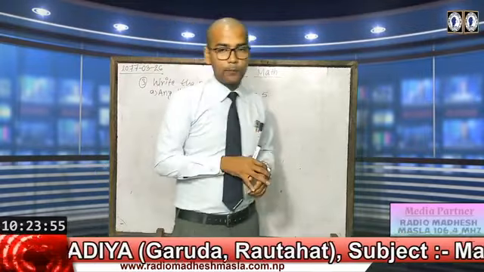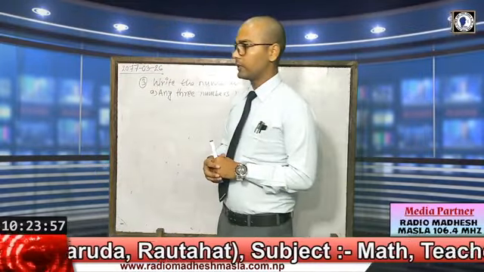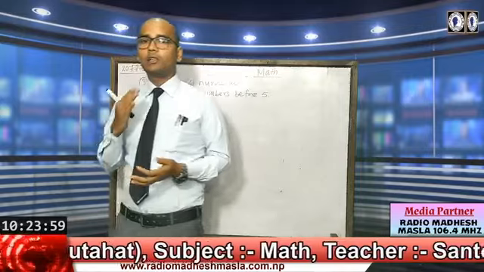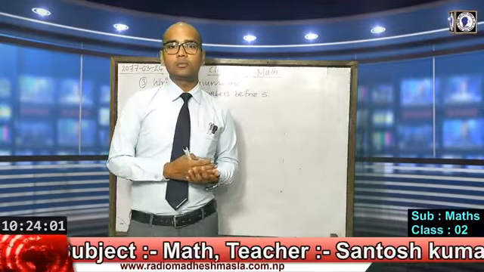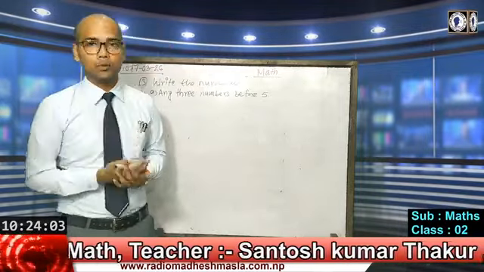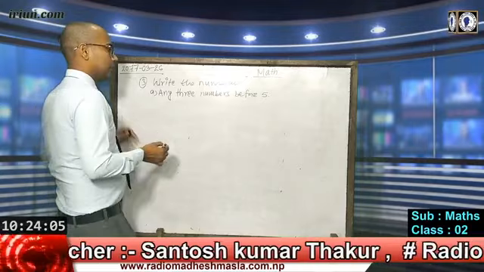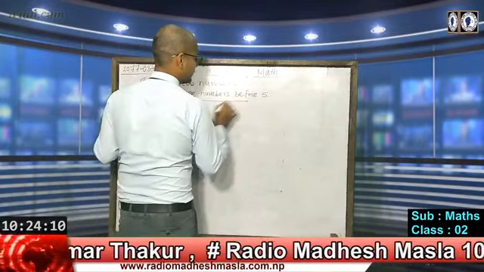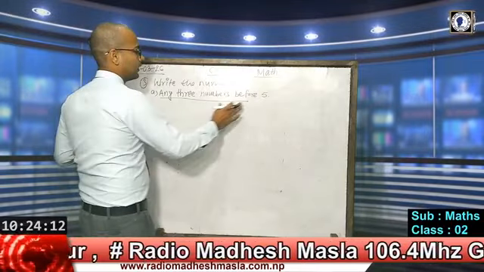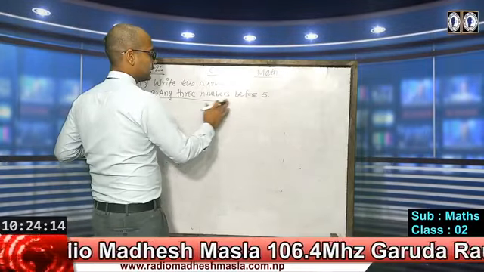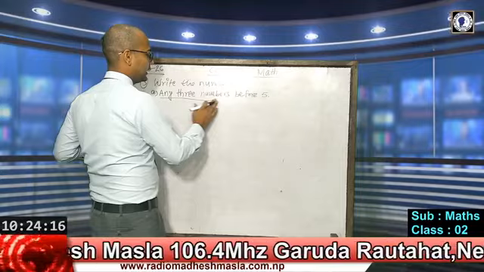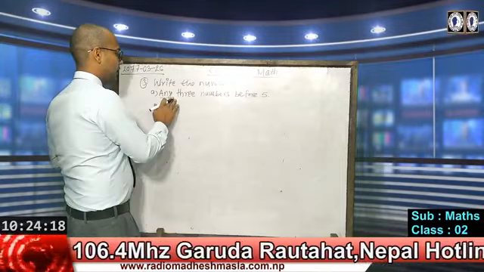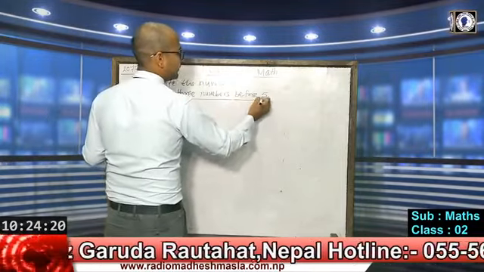In our previous classes we had already discussed the numbers which come before, after and between. So this question is asking us for any 3 numbers which come before 5.